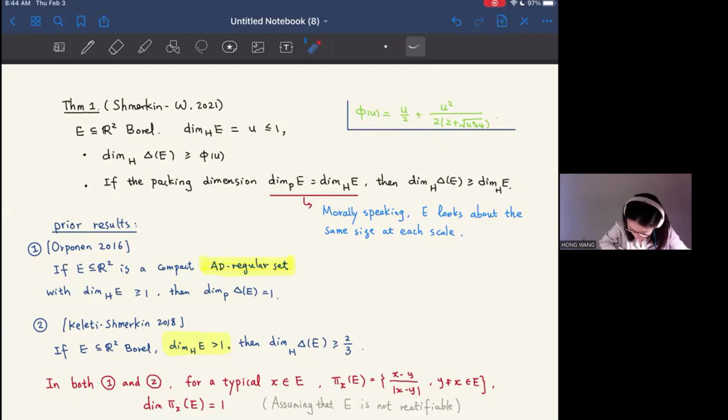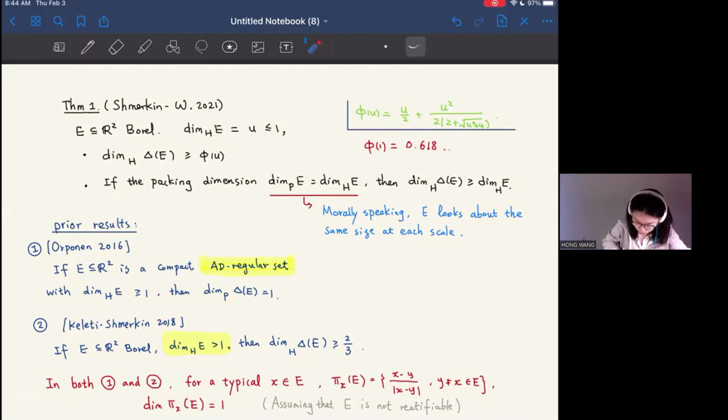To give a sense of the size of phi(u), phi(1) is about 0.618, the golden ratio.